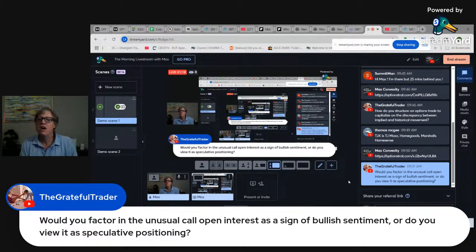Ethan, would you factor in the unusual call open interest as a sign of bullish sentiment, or do you view it as a speculative position? That's a good question, Ethan. Well, I could view it as both. I'll tell you this real quick on open interest.